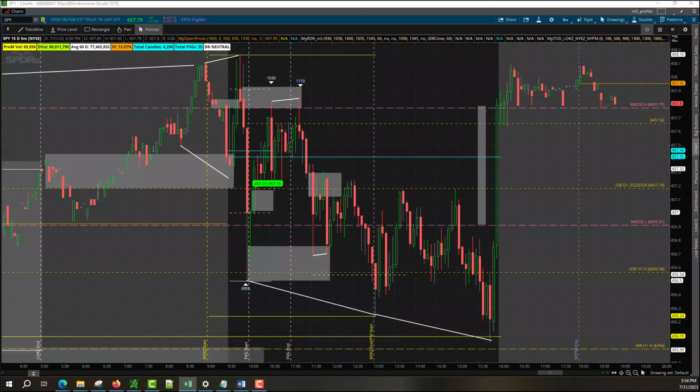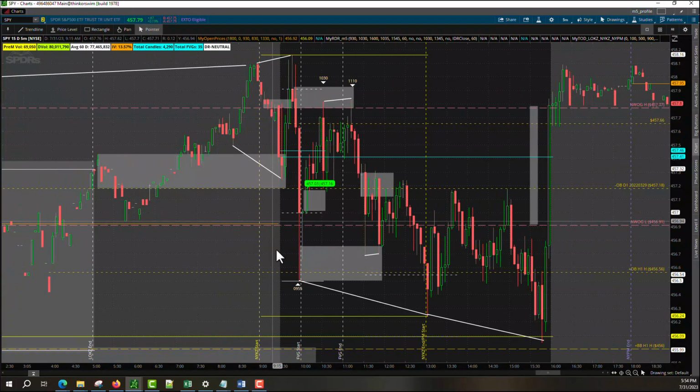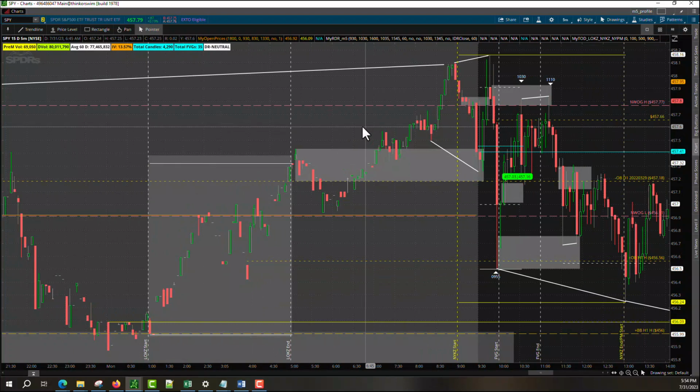Okay, let's look at something else. Wow, the volume today is very high. I mean, it's very strange, right? The volume today is, you see that, 80 million shares. Average for the last 60 days is 77, and the volume for Friday is even higher at 92 million shares.